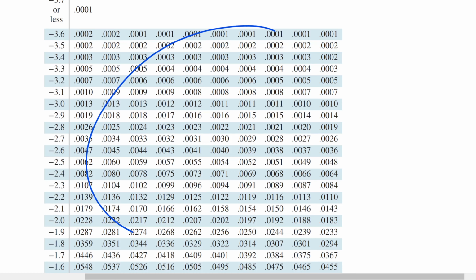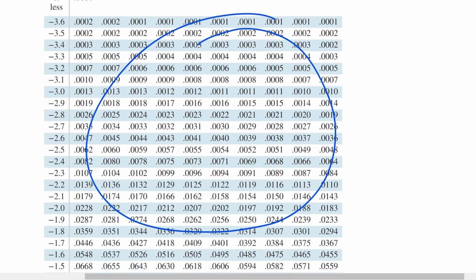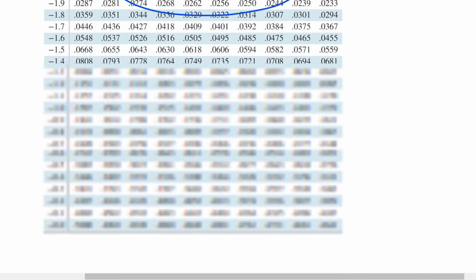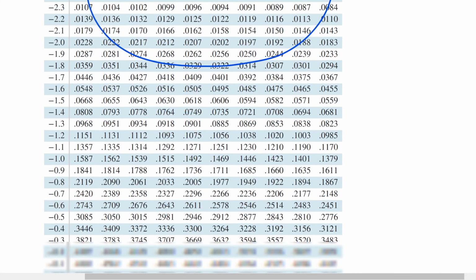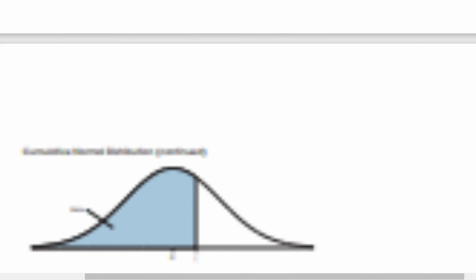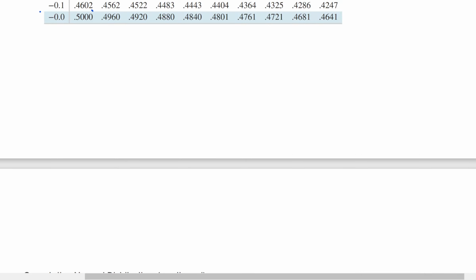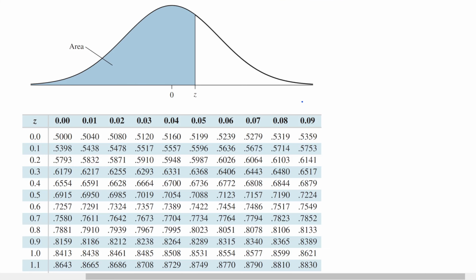These are all areas less than 0.04, so I'm going to keep going, scroll. Again, we're looking for an area of 0.93. Even at the largest value on the first page, we get a value of 0.5. Now we're looking for an area of 0.93, so that tells us we're clearly in the positive z range.